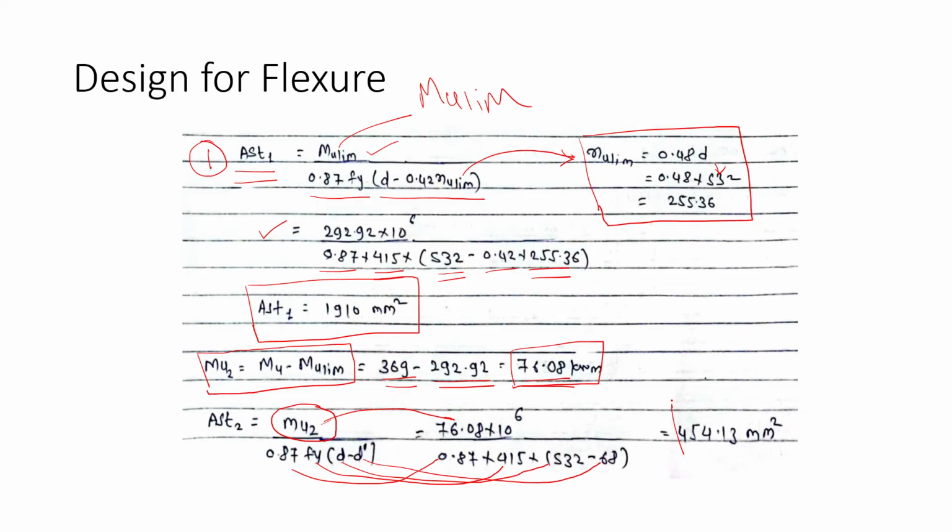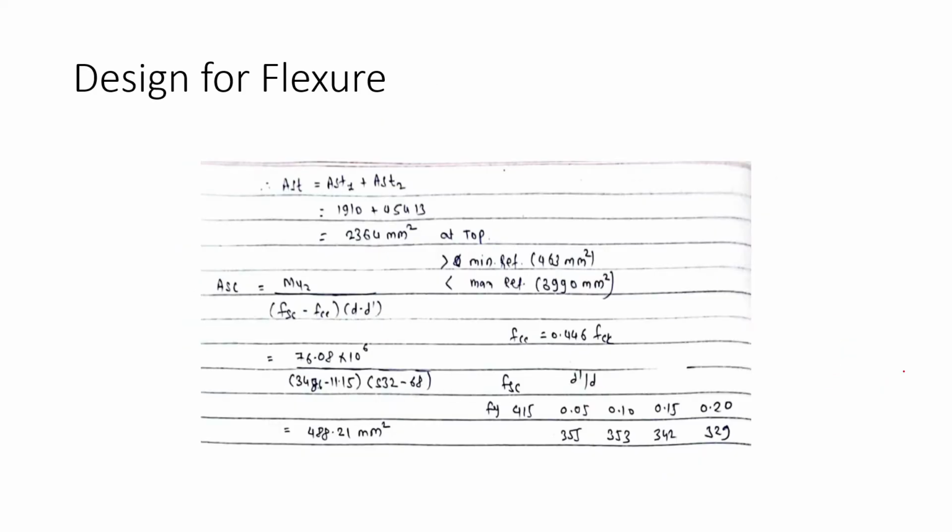So AST2 is 454. This is our AST1, this is our AST2, and combined we get AST, AST1 plus AST2. If you add them, you will get the reinforcement 2364 mm square.